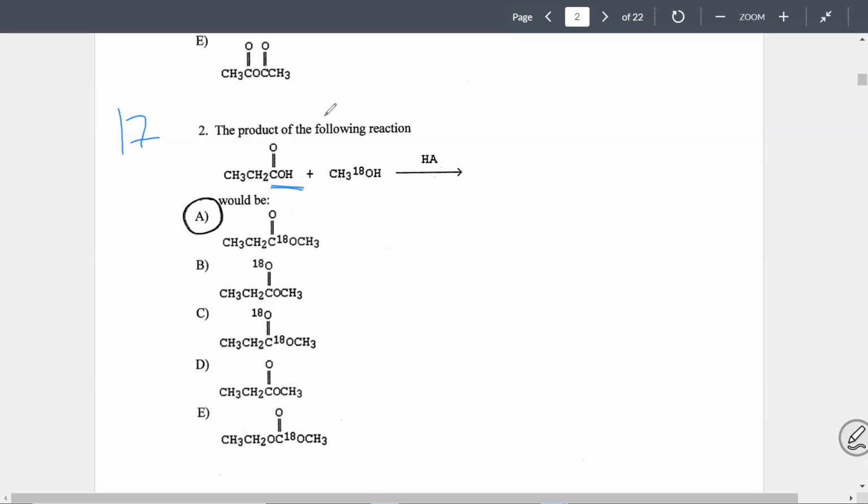Now, chapter 17, remember, was all about basically just changing the leaving group. You chop off that leaving group, and whatever you have on the arrow, in this case presented separately, you're going to attach instead. And he gave you an isotope to test you on where exactly to add it. The only one that shows it correctly is option A. If you put the oxygen 18 at the very top, like a carbonyl, that wasn't correct at all.